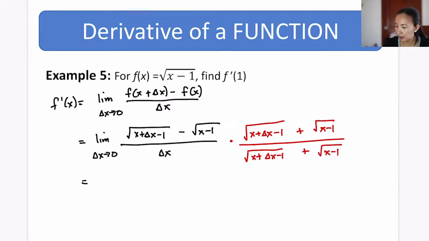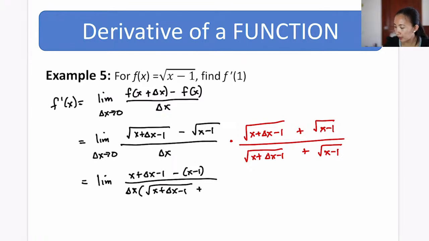Okay, let's continue. Limit of, upon multiplication, this will give x plus delta x minus 1 minus x minus 1 all over delta x times the square root of x plus delta x minus 1 plus square root of x minus 1. Okay?